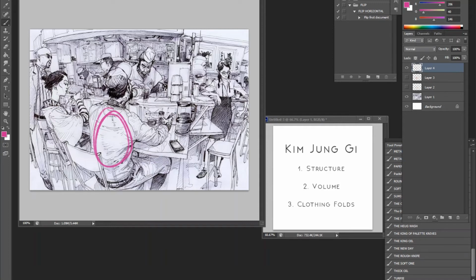Now, of course, I also mentioned that structure has to matter when you are creating your environment. So even stuff like this, where your sphere here has to attach on the plane of the table here. It has to basically make sense. I'm not Kim Jung-gi.